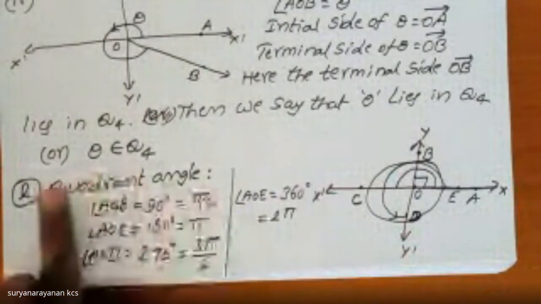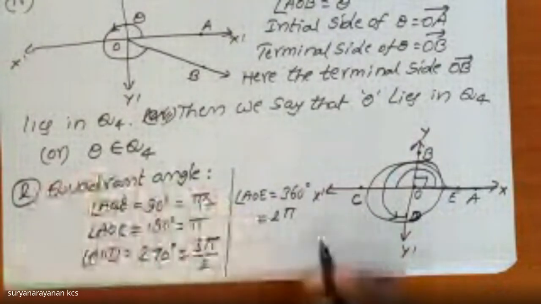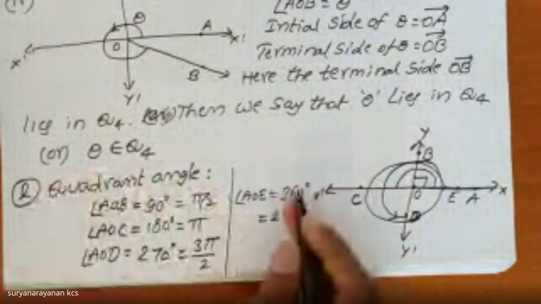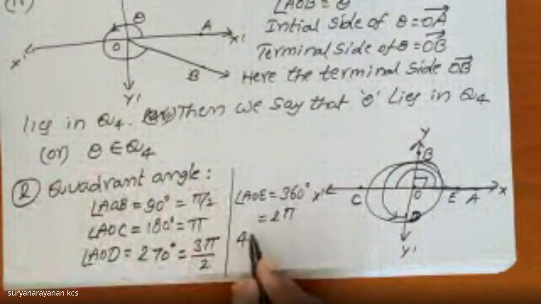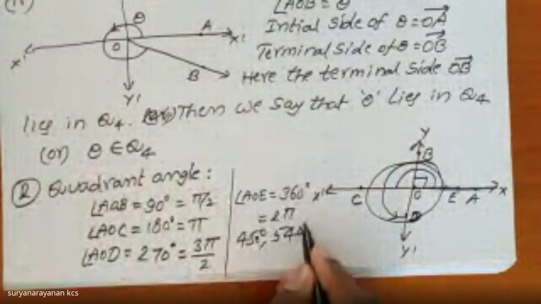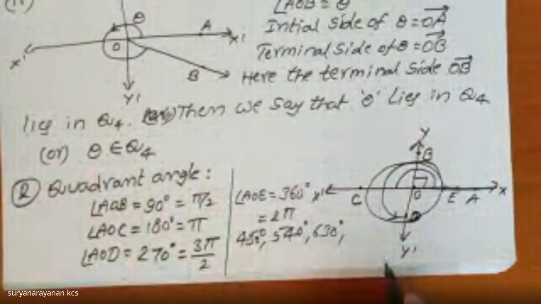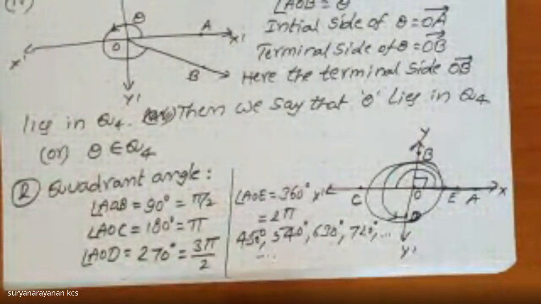For example, 90, 180, 270, 360, then 450 degrees, 540 degrees, 630 degrees, 720 degrees, and so on. These are said to be quadrant angles.